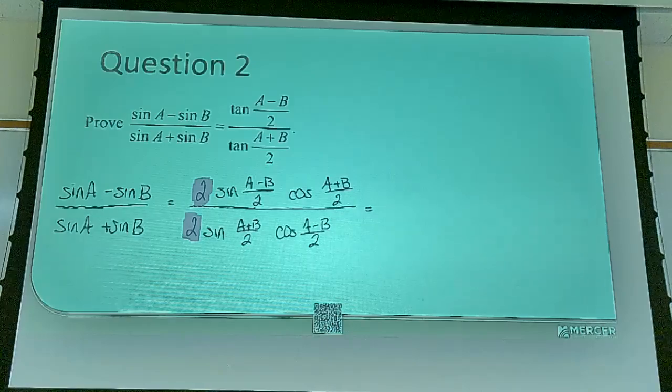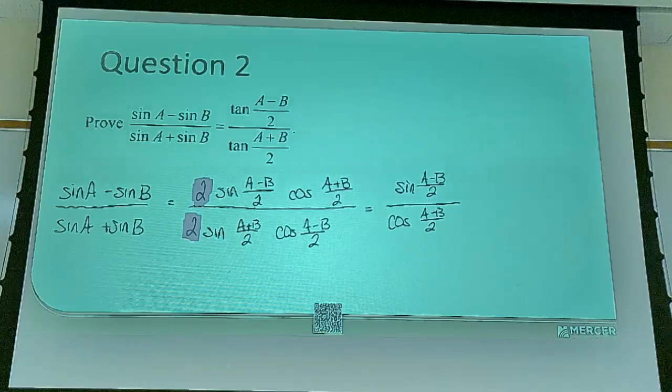So let's do this. Look, we have a sine of A minus B over 2 in the numerator, a cosine of A minus B over 2 in the denominator.